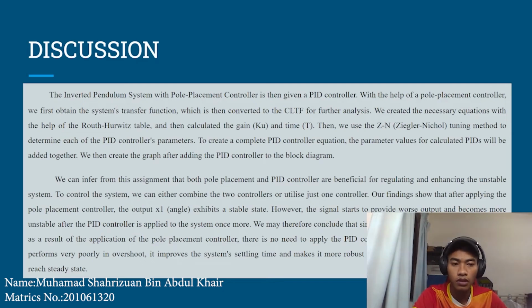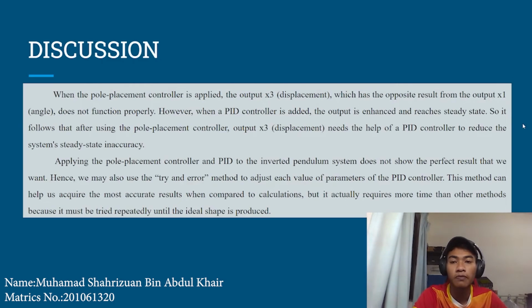Although the PID controller performs very poorly in overshoot, it improves the system settling time and makes it more robust than before in establishing the pendulum to reach steady state. When the pole placement controller is applied, the output displacement, which has an opposite result from the output angle, does not function properly.